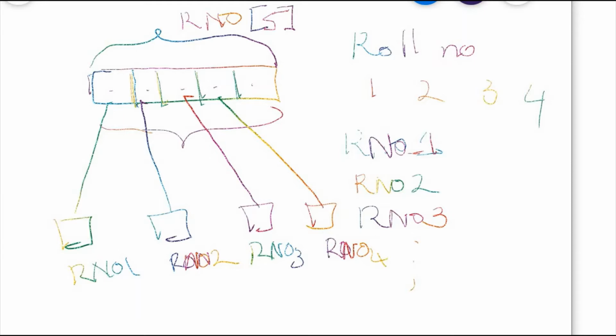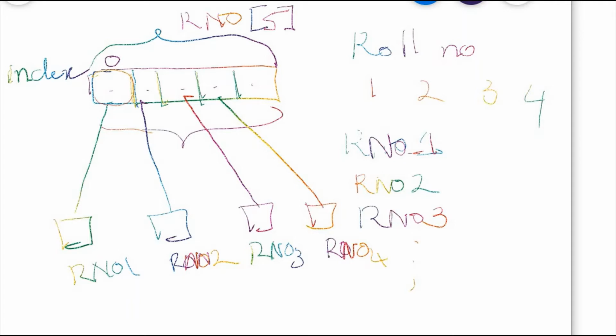Now how do I differentiate the elements? If I want to access the first element in the array, I have to differentiate with its index value. What is index value? Index value differentiates the elements of the array. Always index value starts with 0.